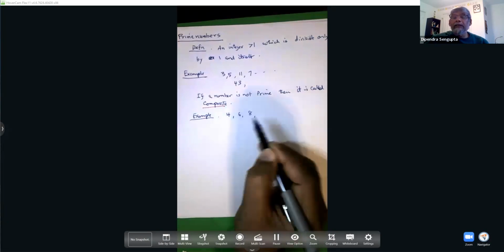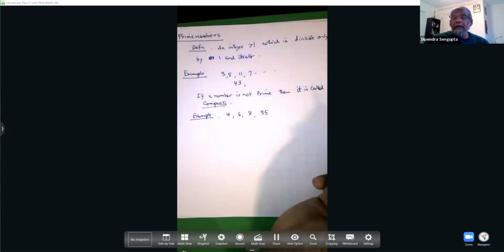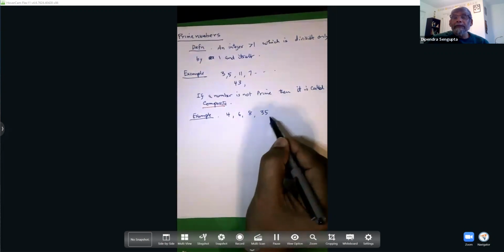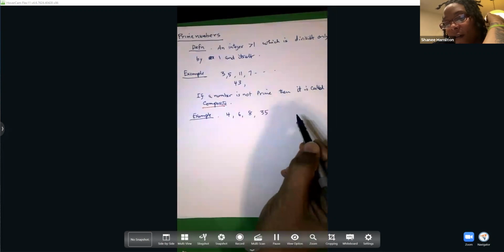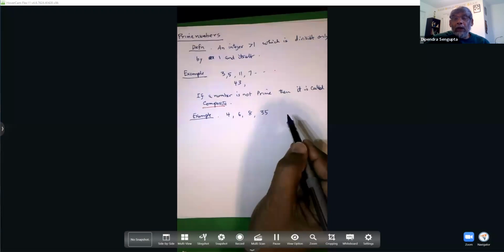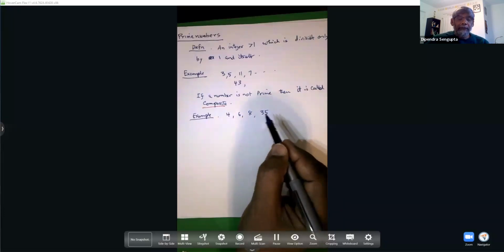These are all divisible by 2. 9 also. And 35, yes, because it's divisible by 5 and 7. So it's divisible by 1, 5, 7 and 35 itself. There are more divisors of it other than 1 and 35, right? That's why it is composite. Make sense?